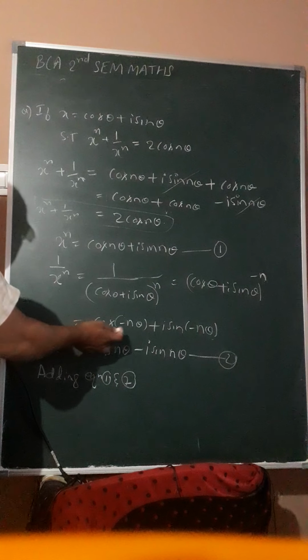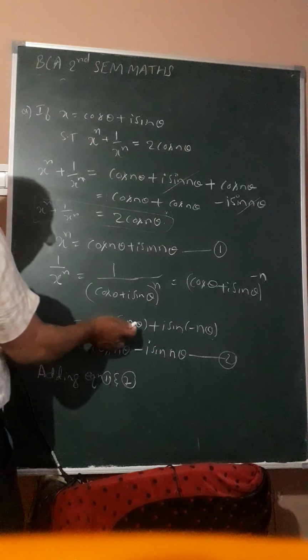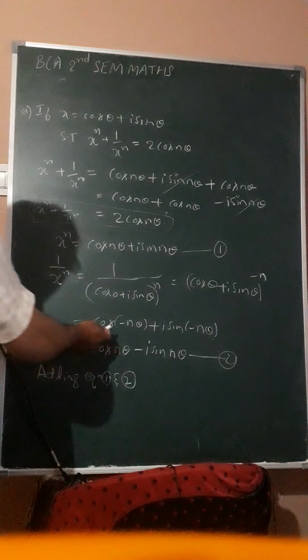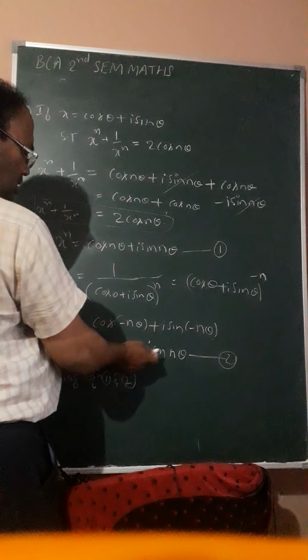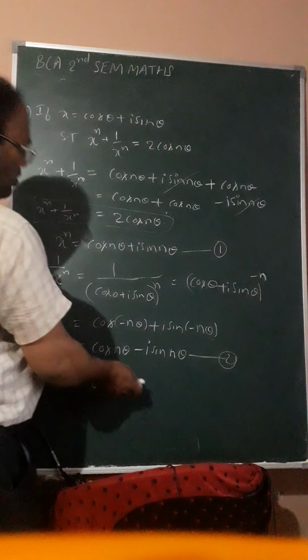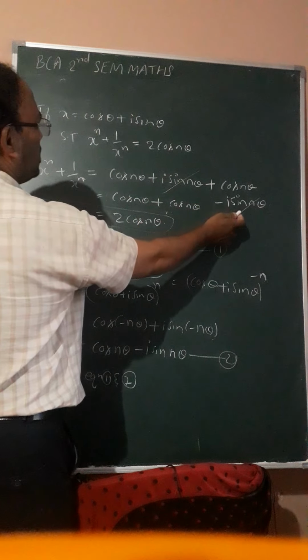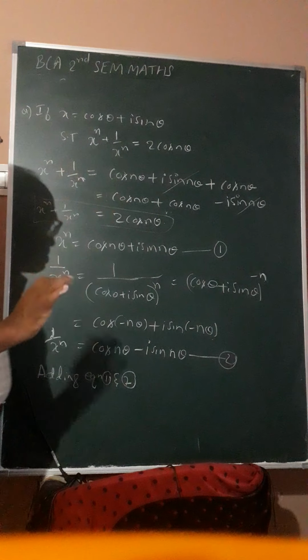That is cos of minus n theta plus i sin of minus n theta. Cos of minus n theta is cos n theta, so cos n theta minus i sin n theta. This is equation 2. Adding 1 and 2, plus i sin and minus i sin cancel. We are left with cos n theta plus cos n theta, that is 2 cos n theta.